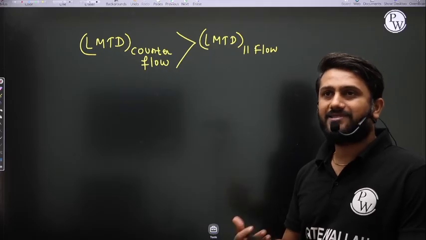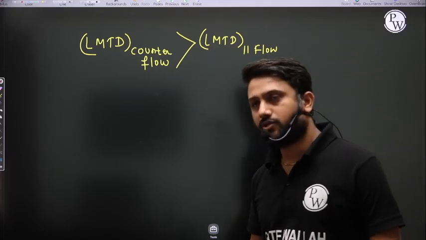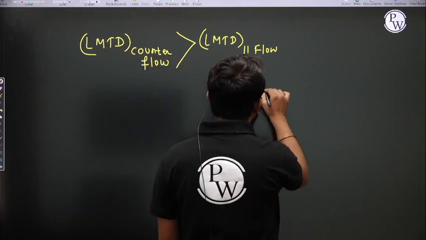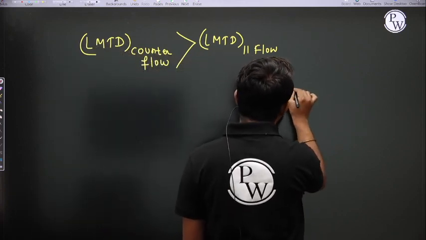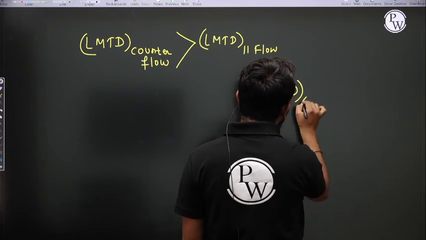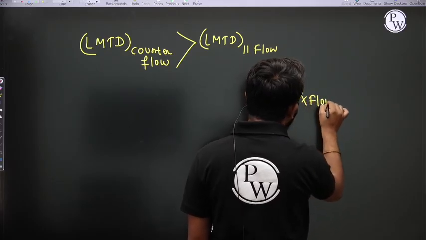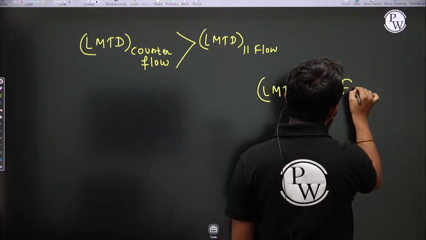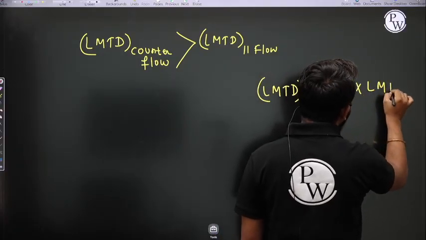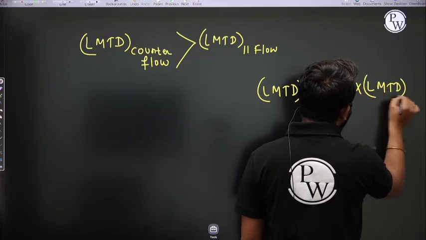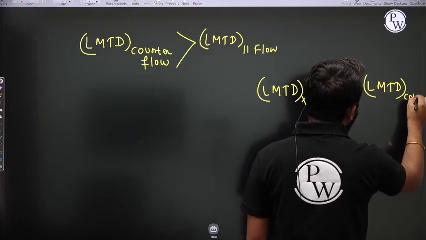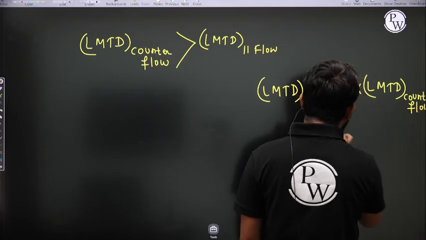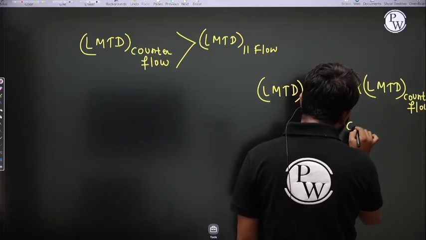And if you consider the cross flow, how do you find the LMTD of the cross flow? LMTD of cross flow is equal to F multiplied by LMTD of counter flow. And this F is known as the correction factor.